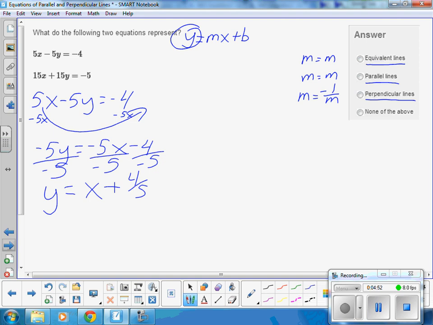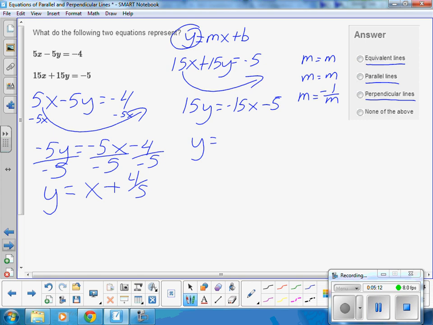Second equation, rewriting that. I'll write everything down. 15x plus 15y equals negative 5. First thing I need to do is move that over there. 15y equals negative 15x minus 5. Then I have to divide everything by 15. So I'm going to get y equals negative x minus 1/3.